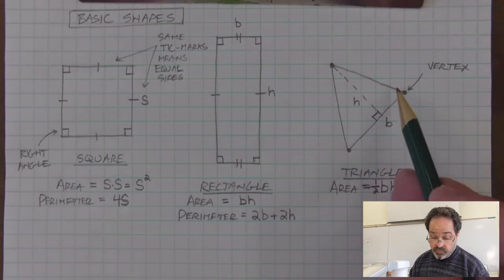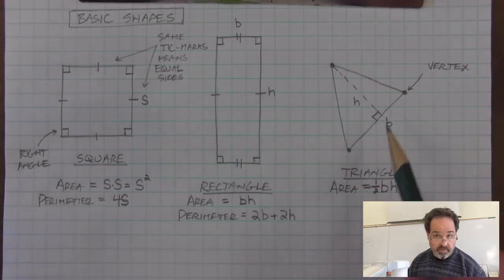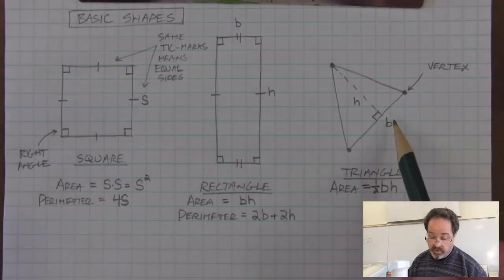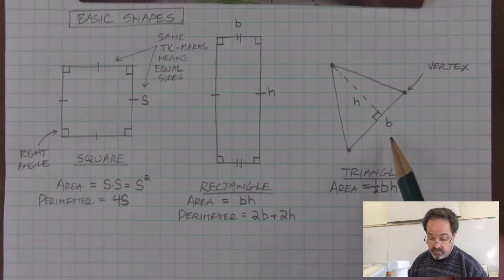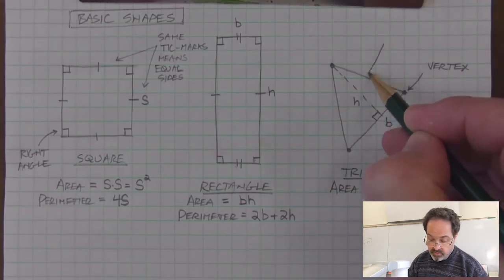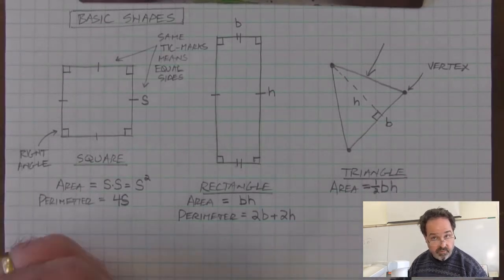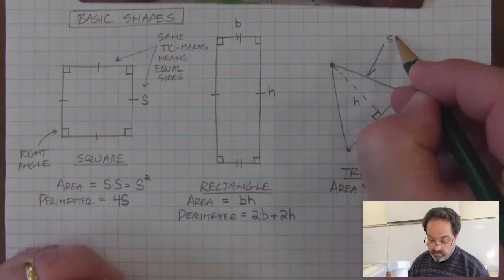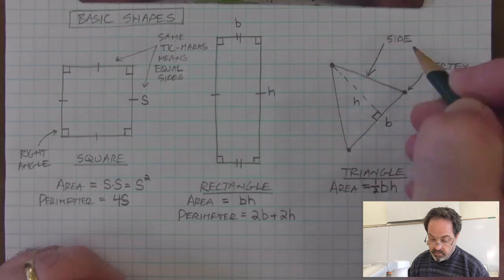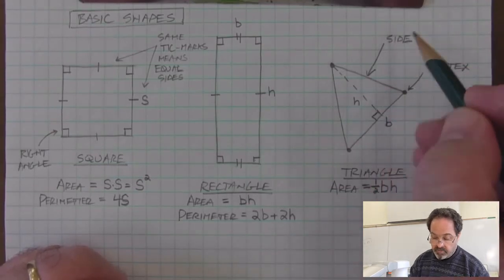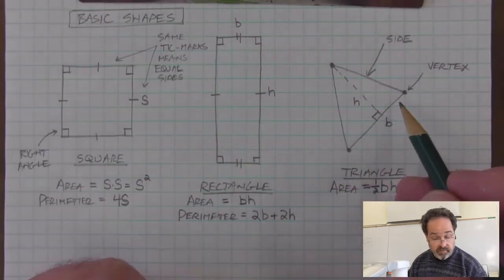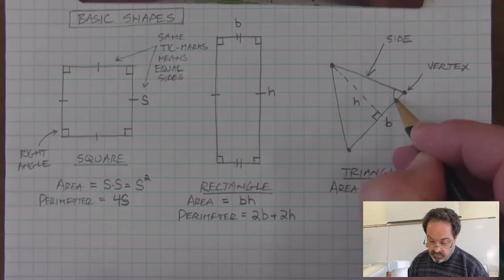So we could say that a triangle has 3 sides, but it also has 3 vertices. A side is a line that connects 2 vertices. And when 2 sides meet at a vertex, it creates an angle.